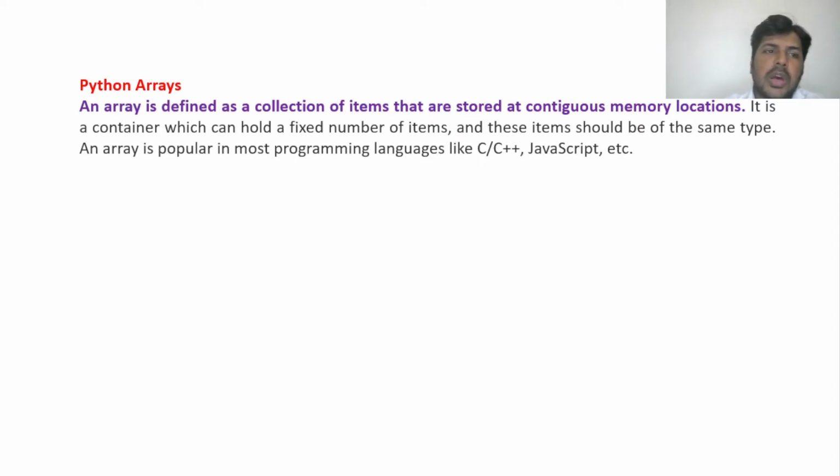An array is popular in most programming languages like C, C++, Java, .NET and JavaScript, a lot of languages. Even in Python we use arrays.